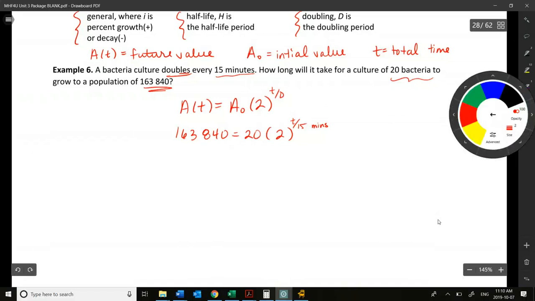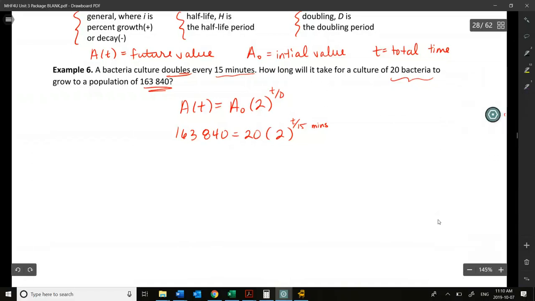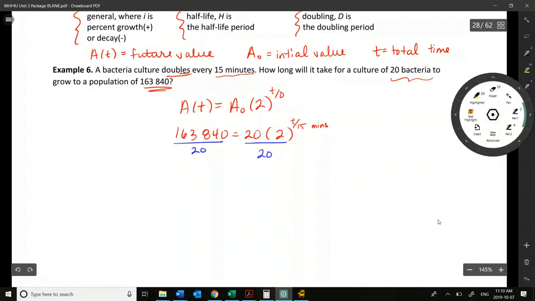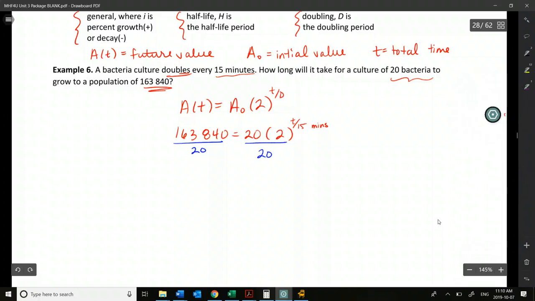Okay, someone help us solve this. Put the 20 over to the other side, and then you could do log of what the answer of that is divided by log 2 equal to t over 15, and then just solve. So this is very similar to an expression that we had above.